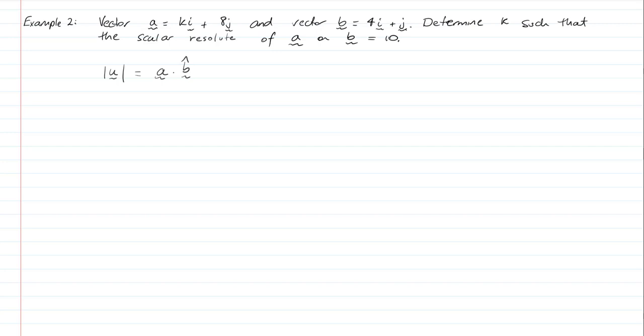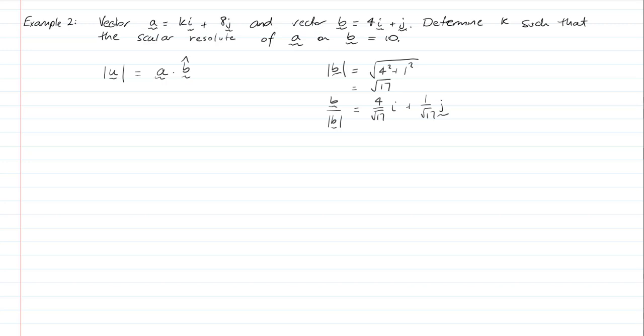So the magnitude of B is equal to the square root of 4 squared plus 1 squared, which is equal to the square root of 17. And so I'll be using that square root of 17, and I just do B over the magnitude of B, which is pretty easy. B over the magnitude of B is 4 over root 17 i plus 1 over root 17 j.